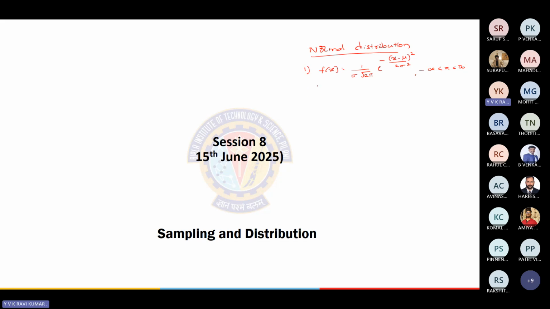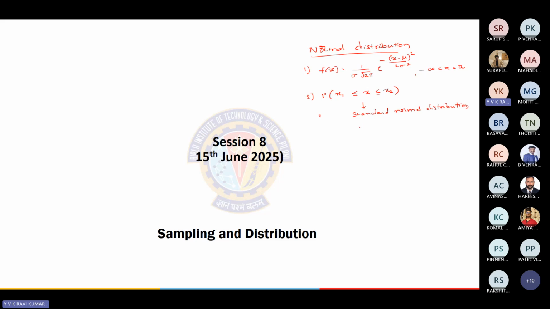When we apply normal distribution, for example, P of x1 less than or equal to x less than or equal to x2 for some values of x1 and x2, what we do is convert them into standard normal distribution. So why do it? To handle that integration and to use tables.